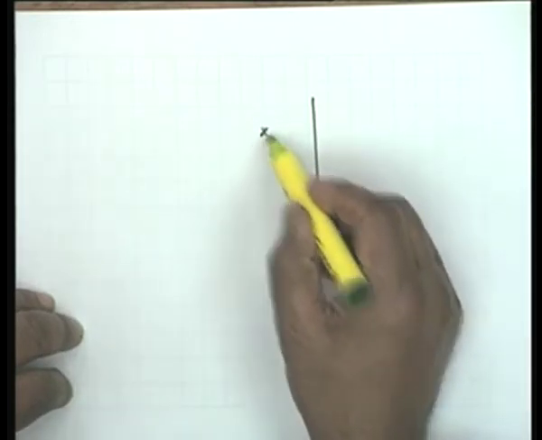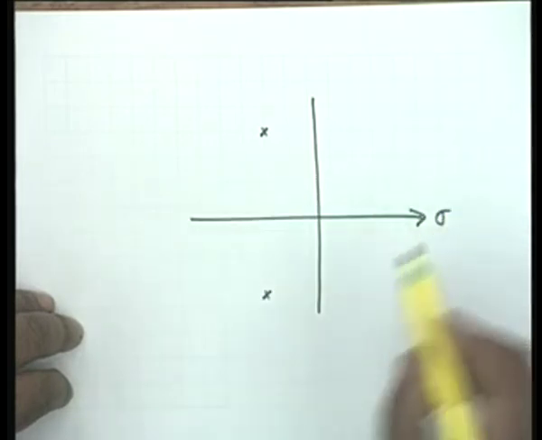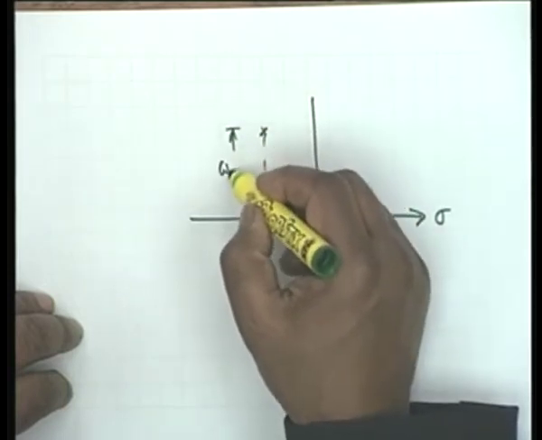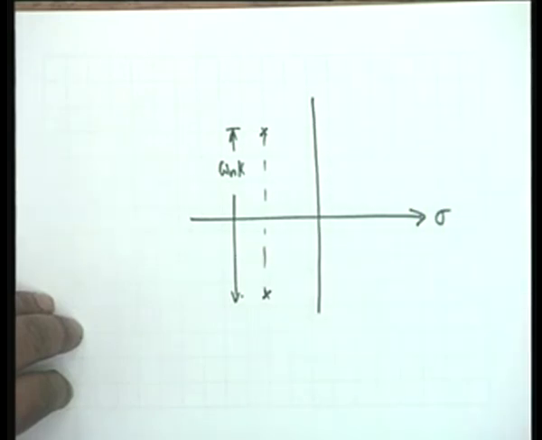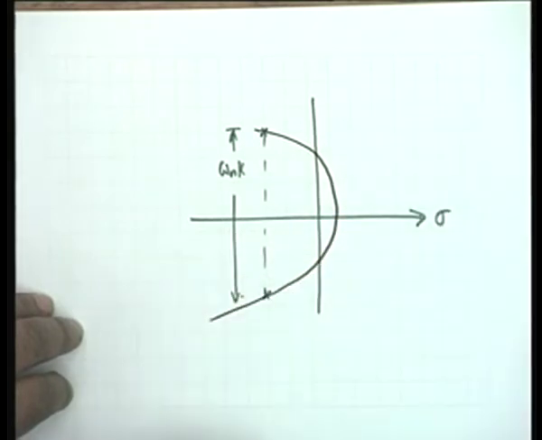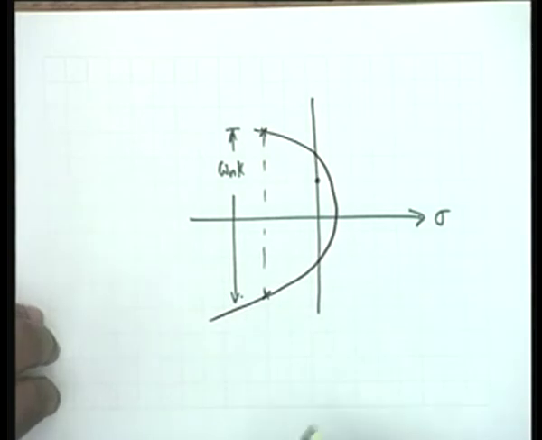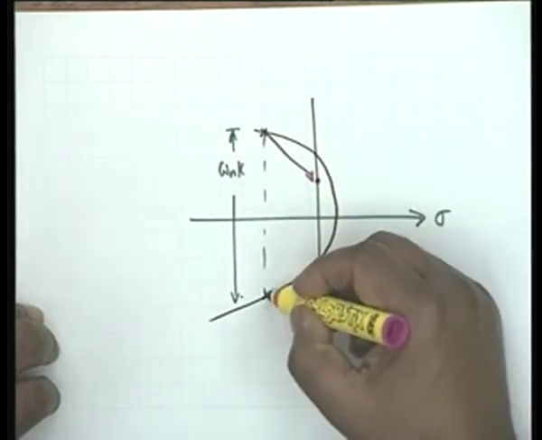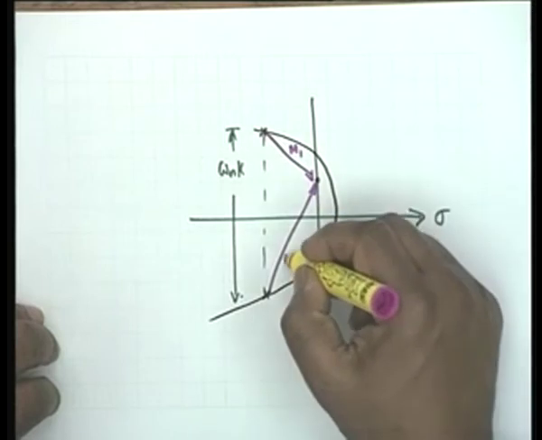Okay? In other words, our poles are, let us say, somewhere here. This is my sigma axis, this is omega n k, and this is the peaking circle. This is a general point at which we draw the vectors and we call them m1 and m2.